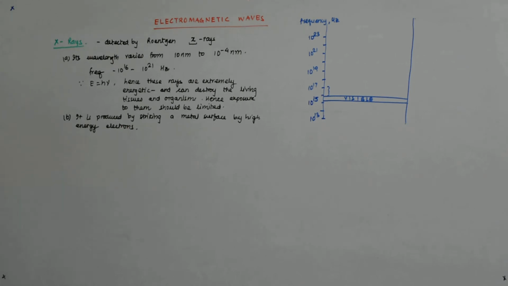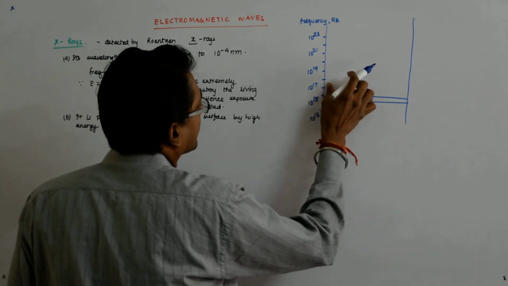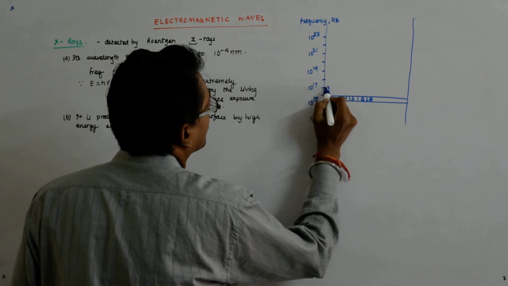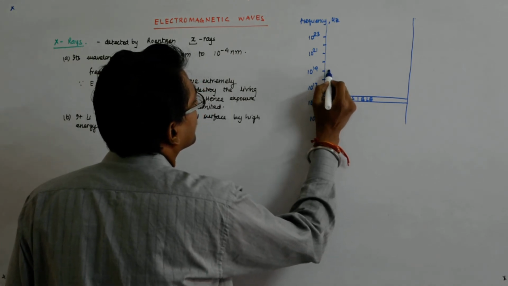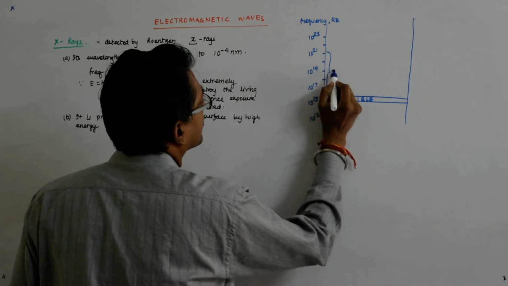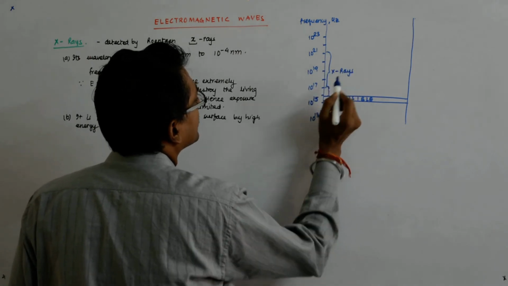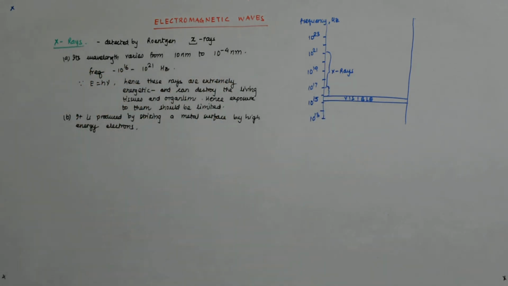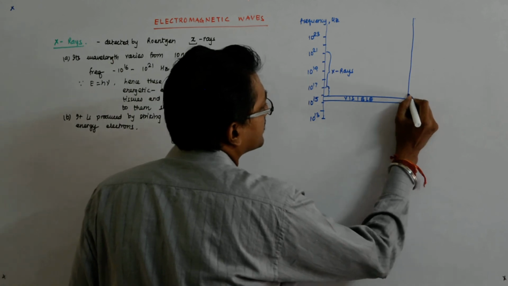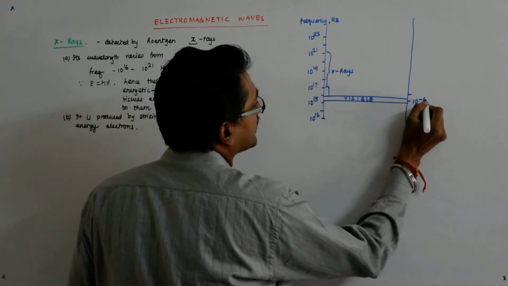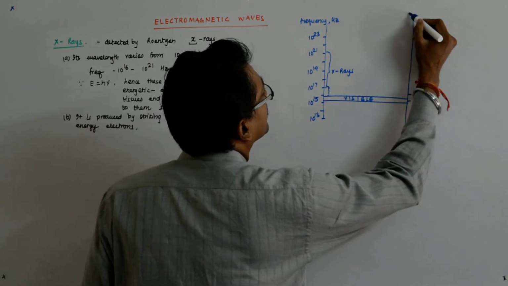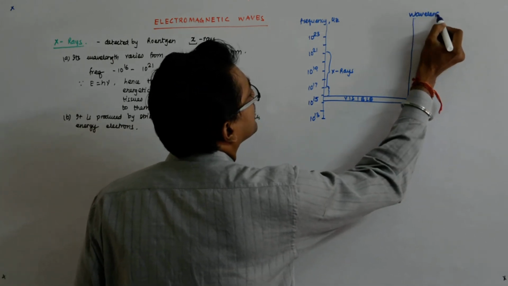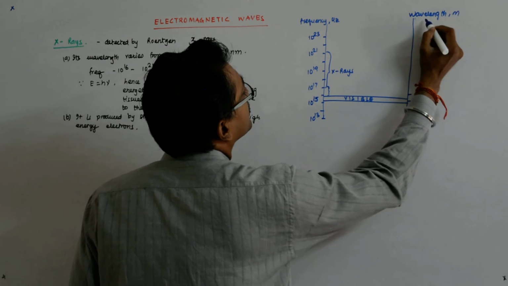So X-rays are from here to here, while this is your ultraviolet. So this is 10 to the power minus 6, this is 10 to the power minus 7. This is our wavelength in meters, lambda.